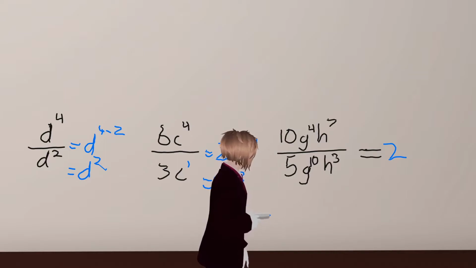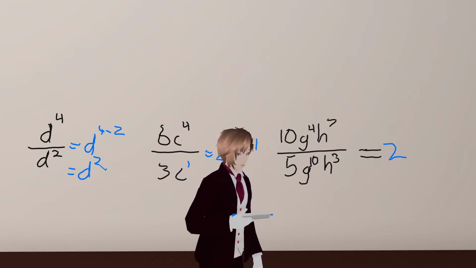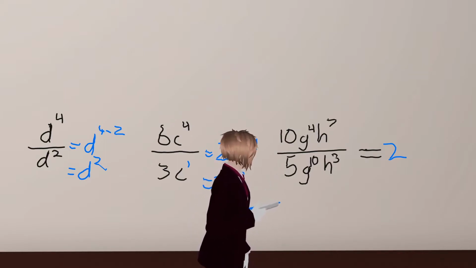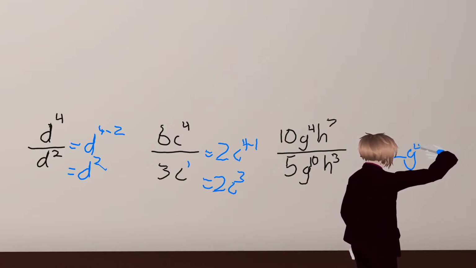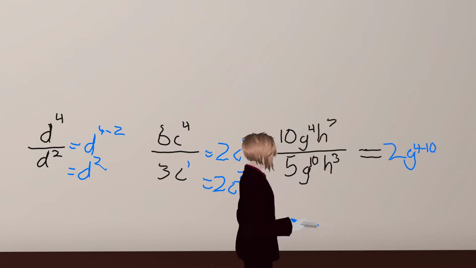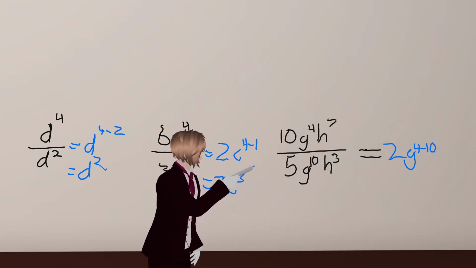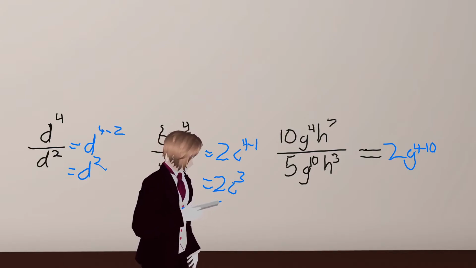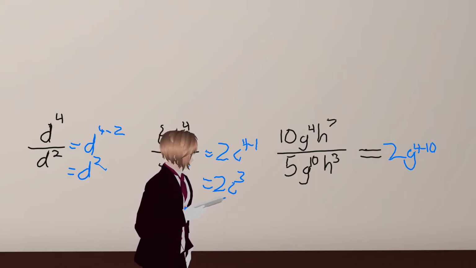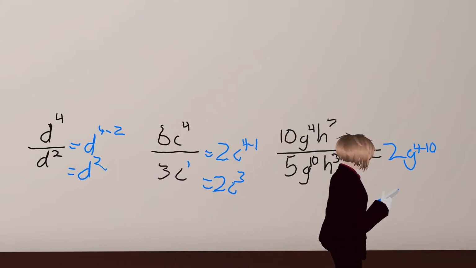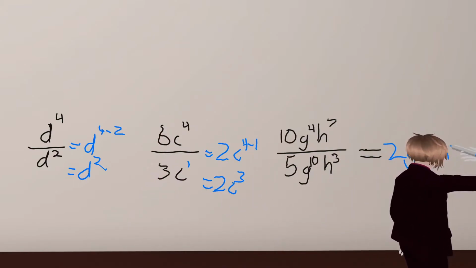So g to the power of 4 divided by g to the power of 10. So that's going to mean we do g to the power of 4, take away 10. And now we have h to the power of 7 divided by h to the power of 3. So this is going to be h to the power of 7 take away 3.